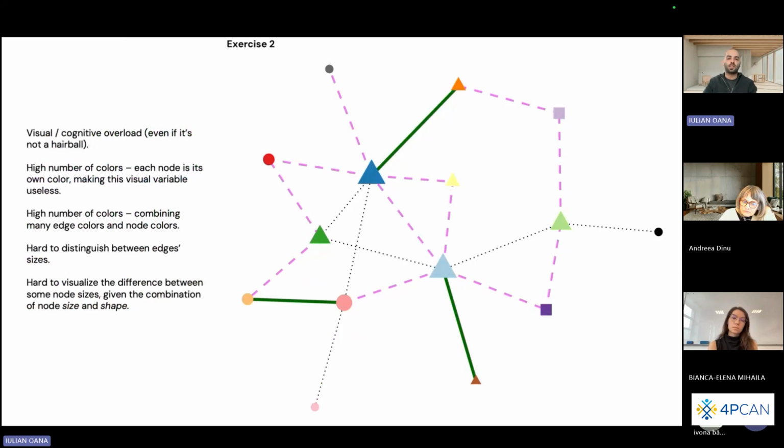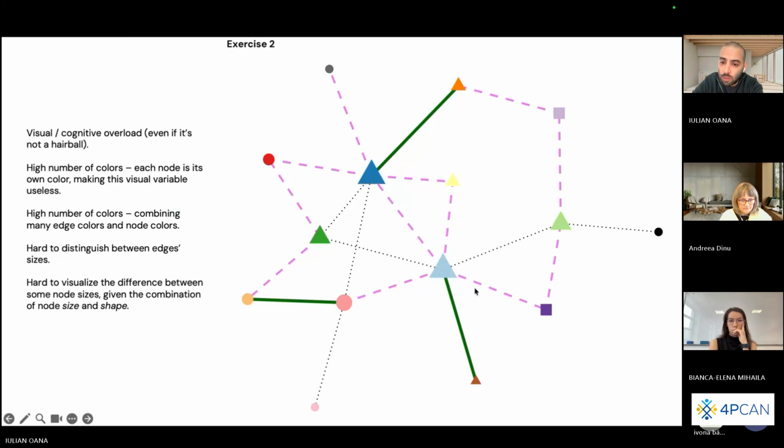So I said, okay, can I set the size? Let me set the size, but let's also color, but let's also set the shapes of the nodes, but let's also color the lines, but let's also set the thickness of the lines, but let's also set the shape of the lines.